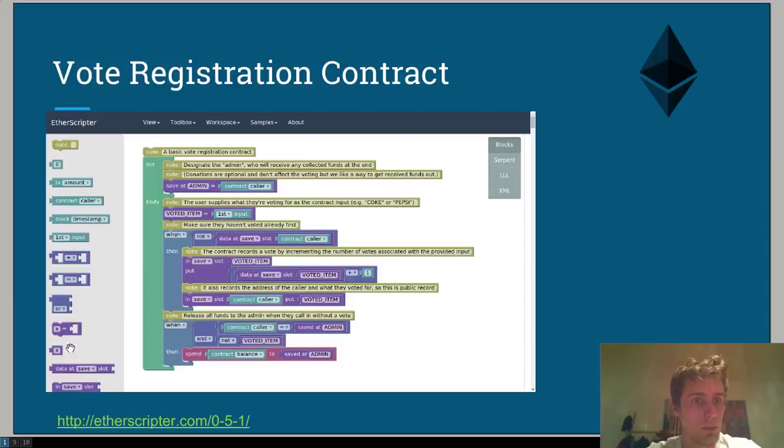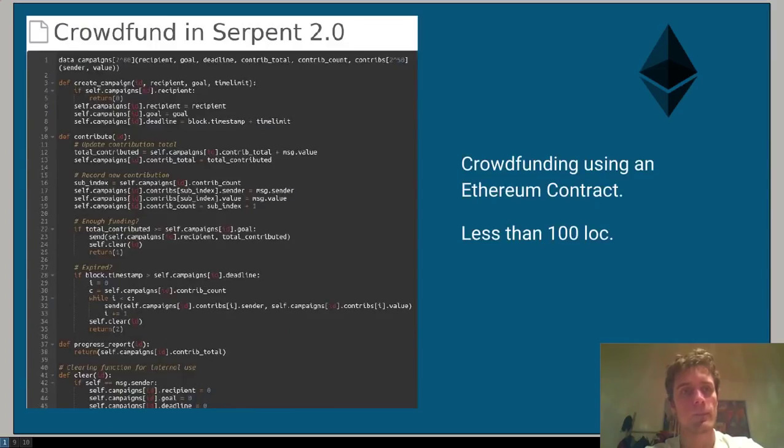You could just use the blocks that you see on the left and put them together just like Legos and build your own contract. So that opens a wide range of possibilities for people who don't even know how to program. For programmers, they have enormous flexibility. Another one that's a bit more complex is a crowdfunding contract.